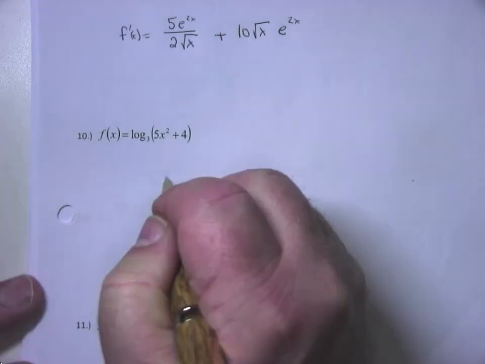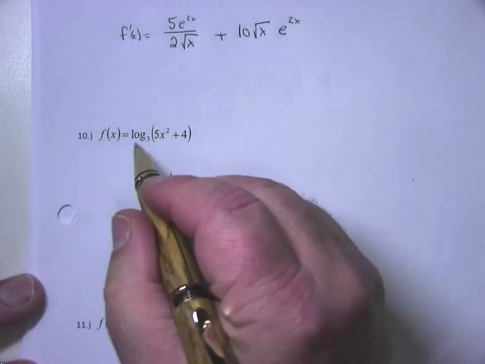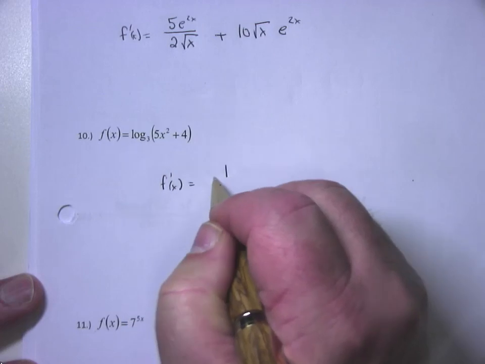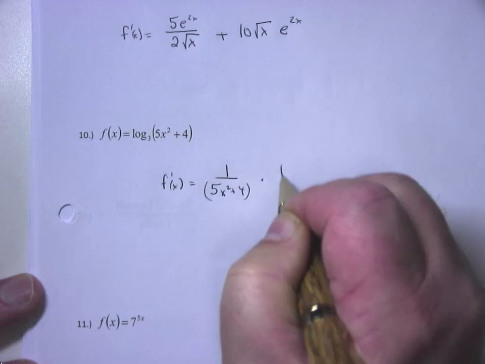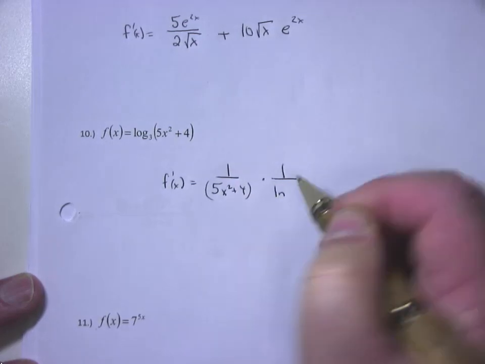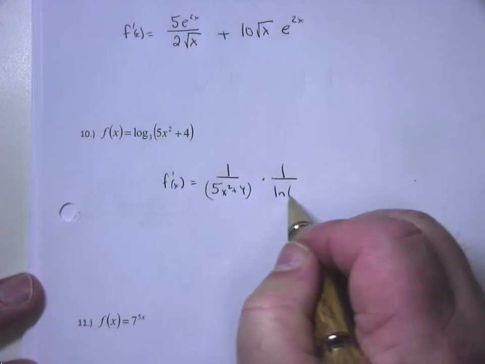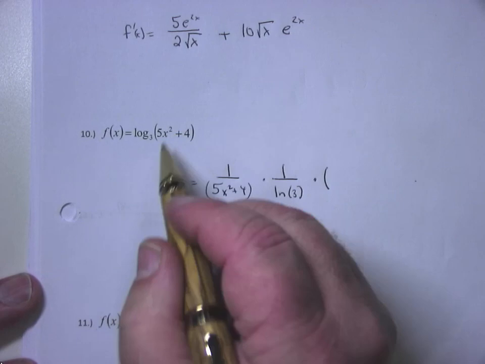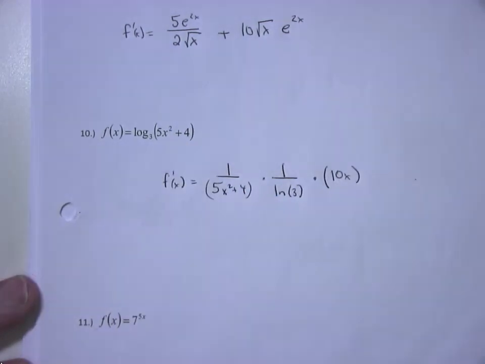So f prime of x, the derivative of log base 3 of 5x squared plus 4, is going to be 1 over 5x squared plus 4 times 1 over the natural log of the original base, which was 3, times the derivative of the inside. What's the derivative of 5x squared plus 4? 10x. And there's the answer.